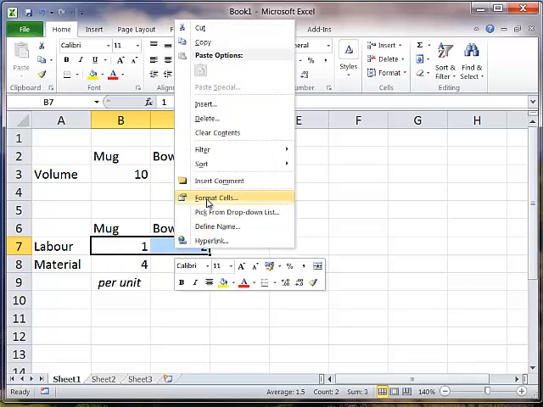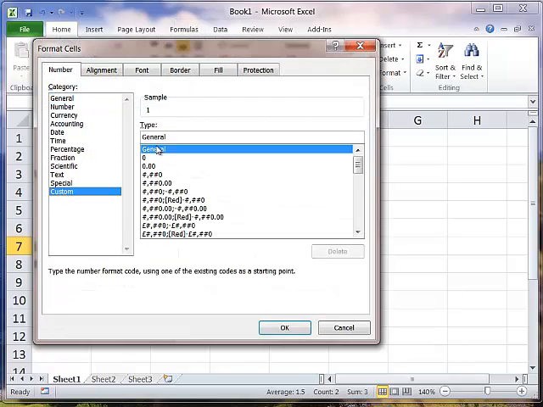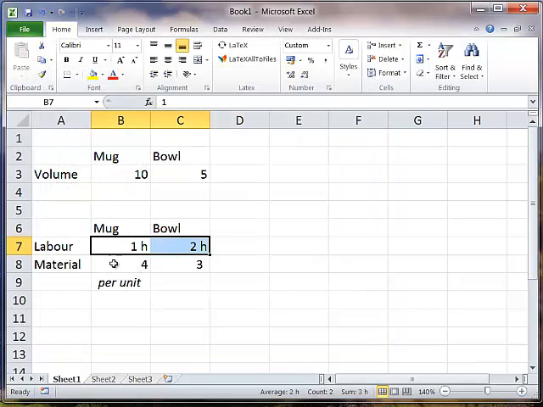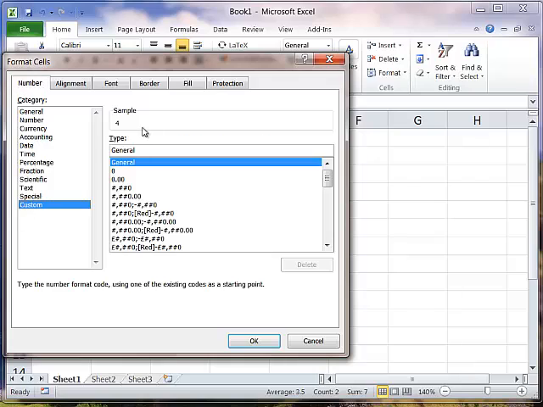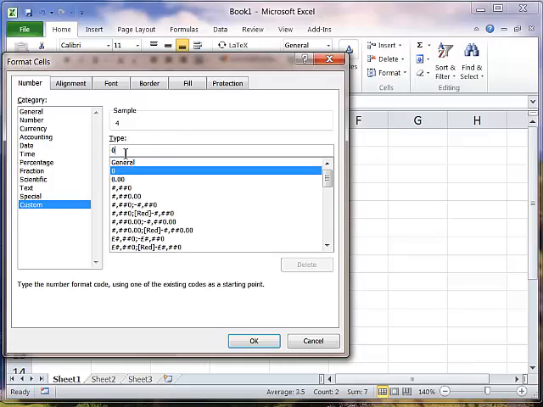So format cells, and I'm going to enter a custom unit, which is hours. And here we have the material, which is clay, again a custom unit, which is pounds.